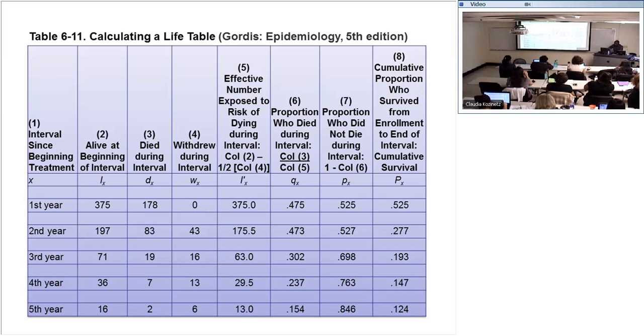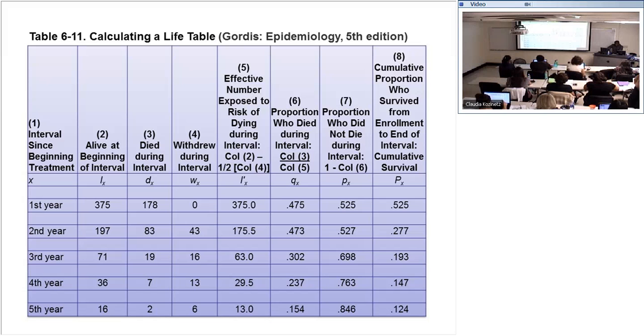Then we try to get the cumulative survivor. In the first column, the cumulative survivor is actually the number who survived, because the study has just done the first observation period.